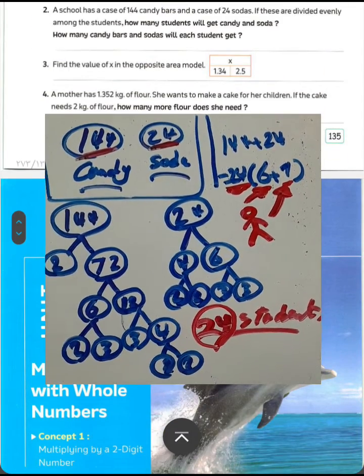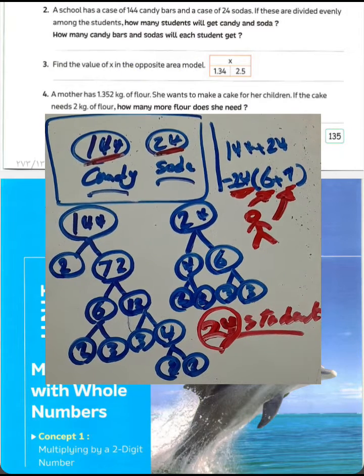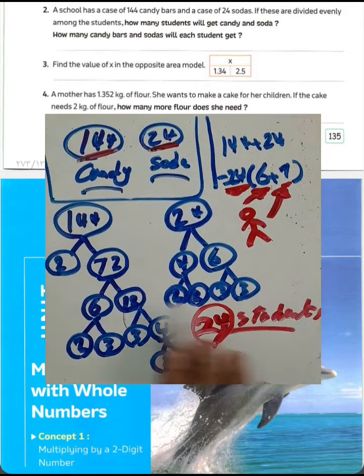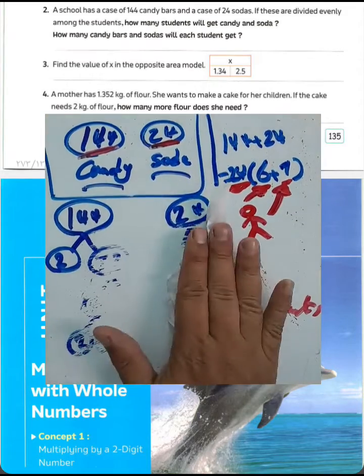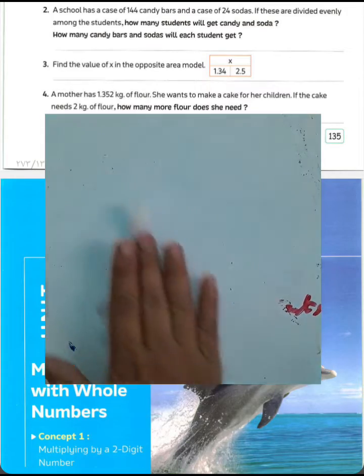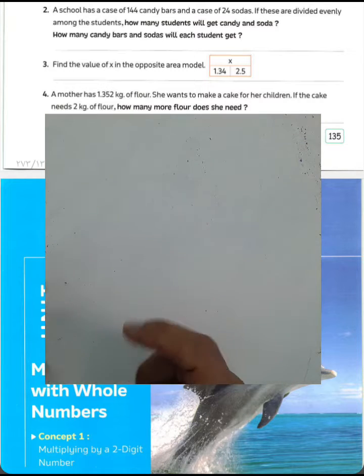Question number 3, find the value in the opposite area model. Okay, x here lies where? In the top. To find the value of the unknown variable x, you must add 2 numbers.